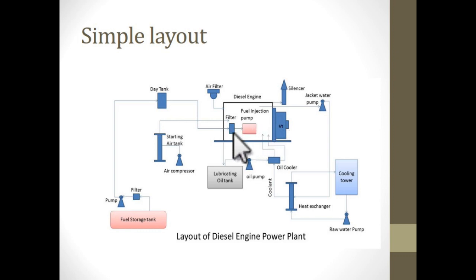And after the combustion, the explosion takes place, and then we get the power stroke. Due to the power stroke, the generator will run because the generator is connected with the diesel engine, and from the generator we'll get power. So this is a very simple layout of a diesel engine power plant. Let's go further.